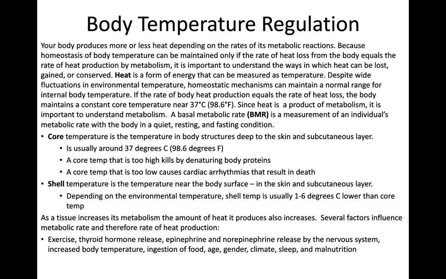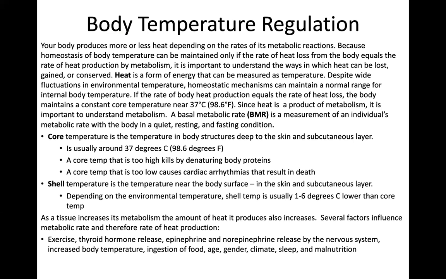So there's a nice relationship between your metabolic rate, your metabolism, and the heat that you produce. Your body's going to produce more or less heat depending on the rate of its metabolic reactions. The higher your metabolic rate is, the higher your body heat production is. You produce more heat when you are going through more metabolism.